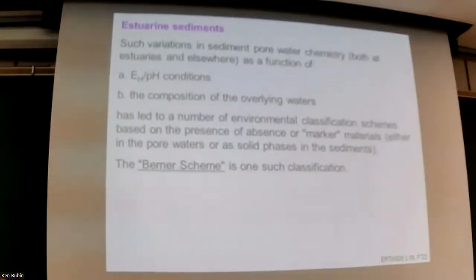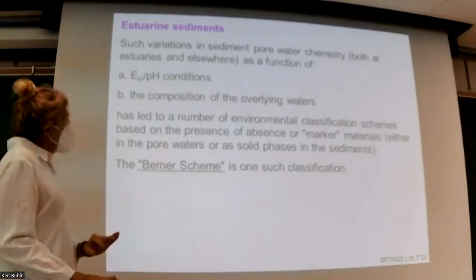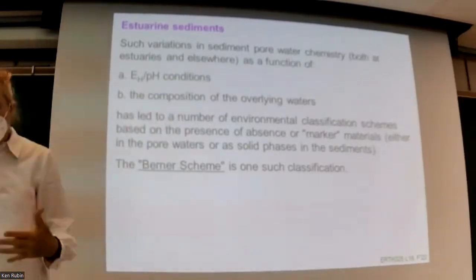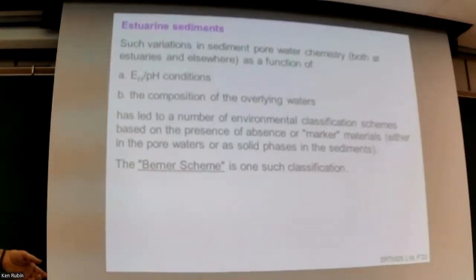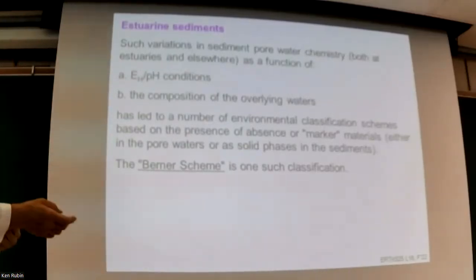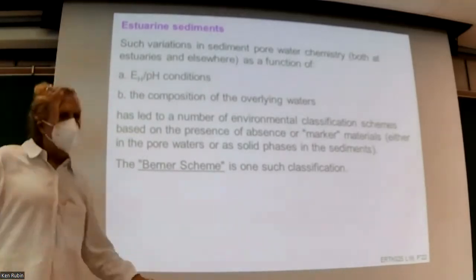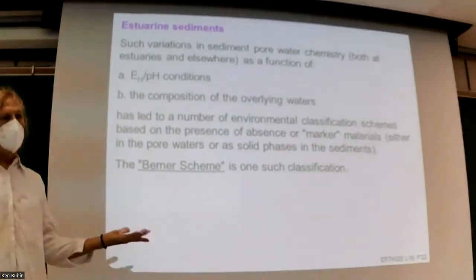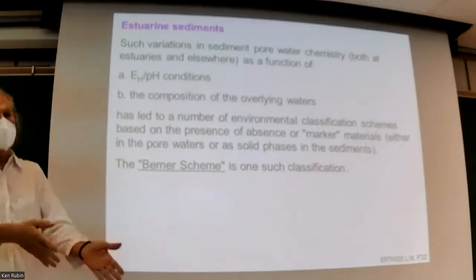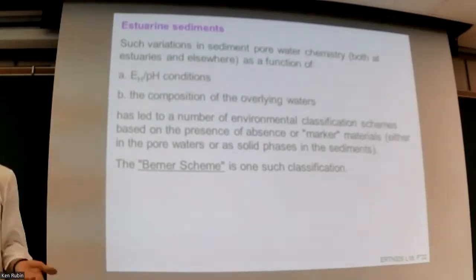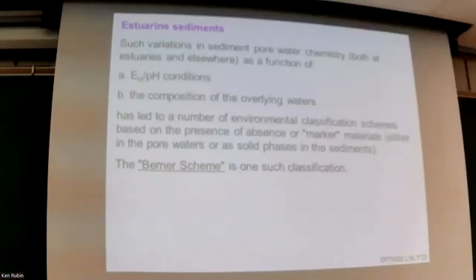So that's just an example from one place, but because of all of the integrated effects that we just talked about, people have developed classification schemes to try and say something about not only a modern estuary, but let's say you found evidence in a paleo estuary, like a braided river that's moved its location, and you find a deposit that's 1,000 years old, and you want to say, well, what were the conditions like in the past, for instance?